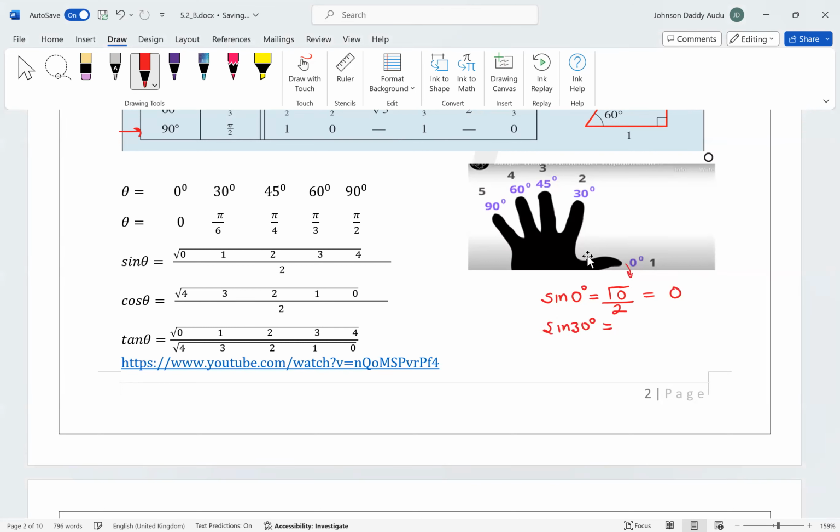You are coming this way. How many fingers do we have after this angle? It's only 1, right? So we take root of 1, we divide by 2, and this is just going to be 1 over 2. So if we want to find sine 45, what do we do?